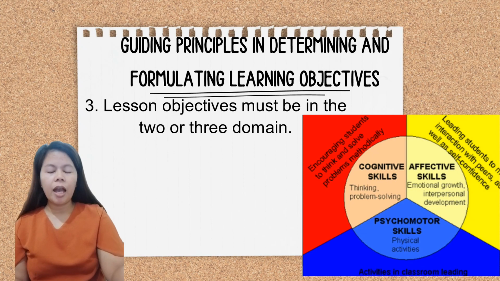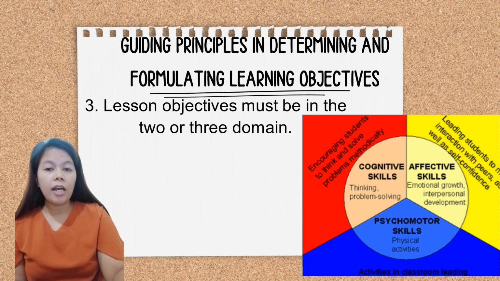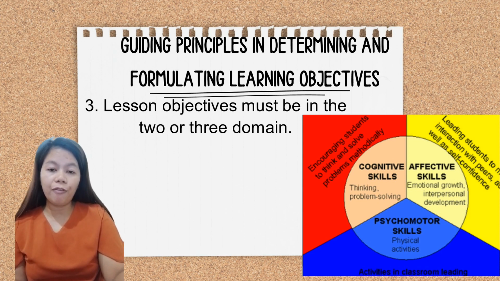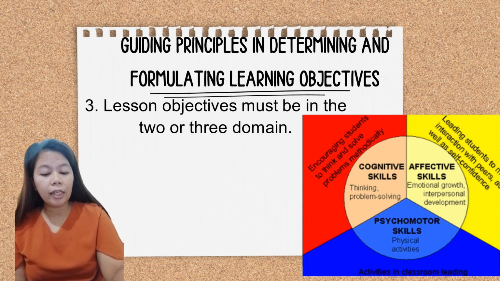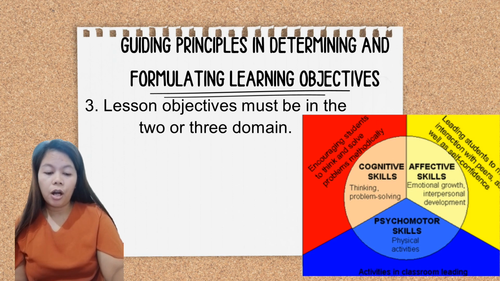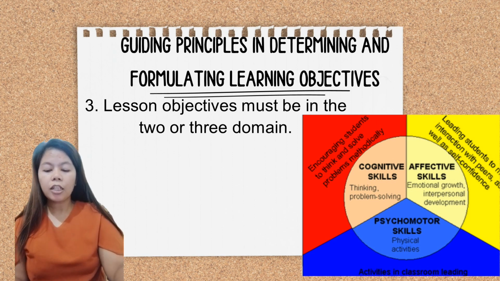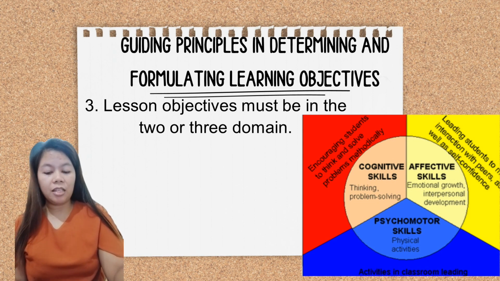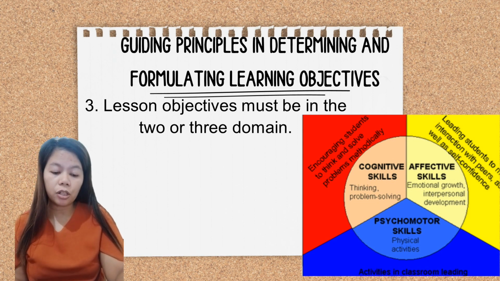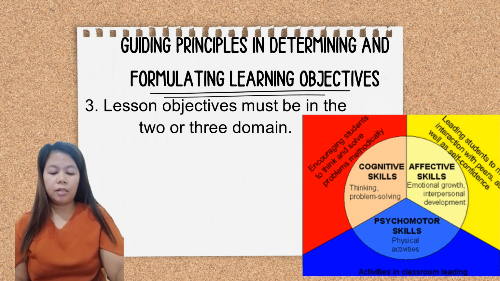Number 3, lesson objectives must be in two or three domains: knowledge, which is cognitive; skills, which is psychomotor; and values, which is affective. Our lesson may be dominantly cognitive, psychomotor, or affective. Psychomotor is dominant if the lesson is intended for the acquisition and honing of skills.